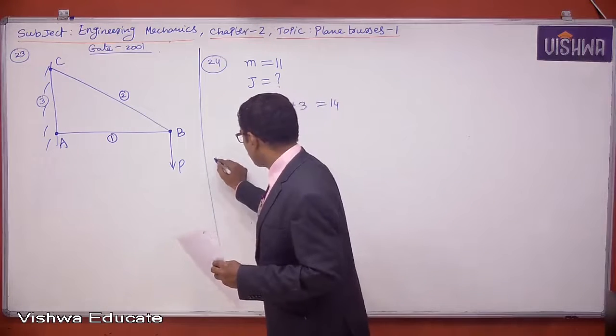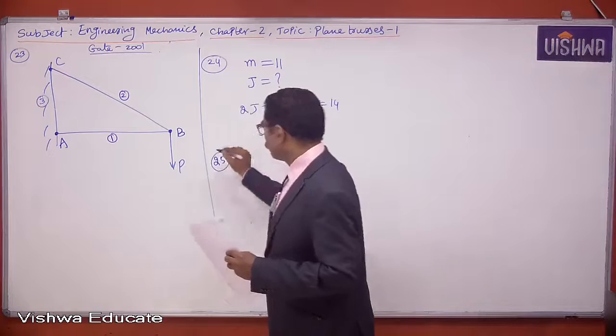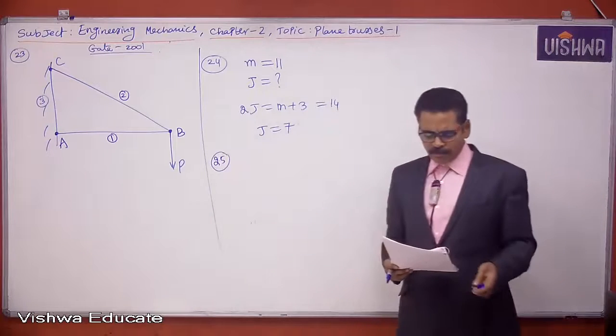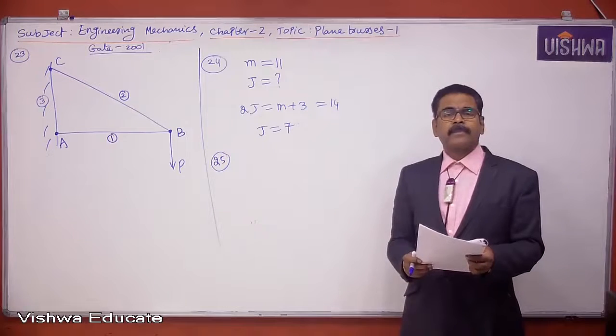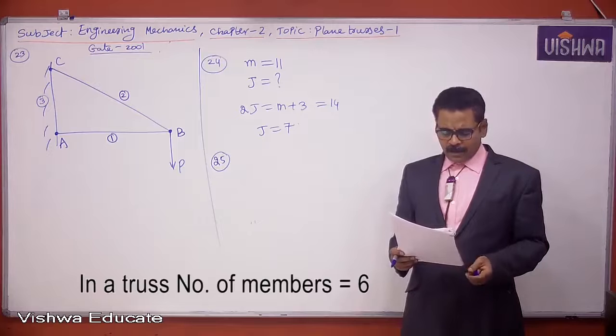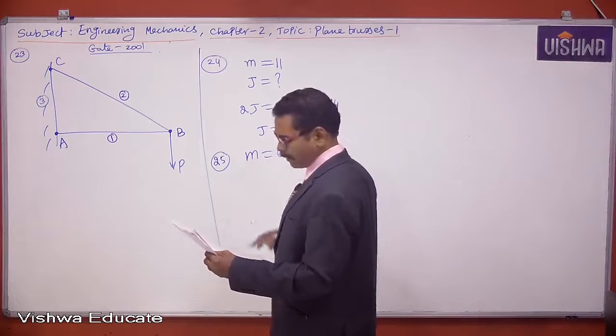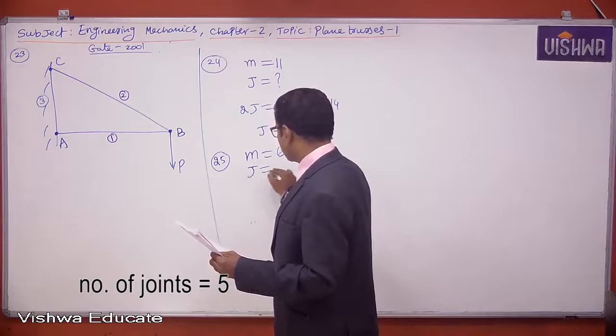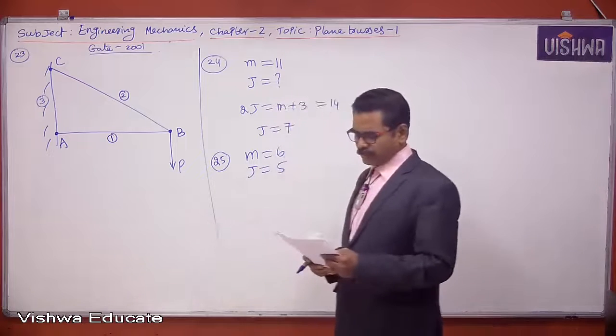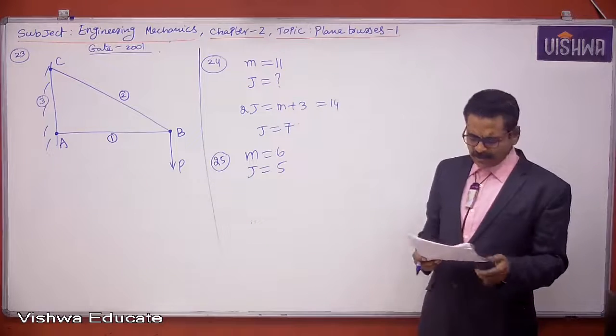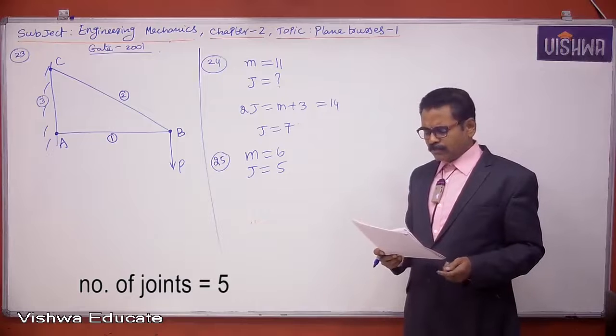Then let us do another numerical, the 25th numerical. In a truss, the number of members is equal to 6, and the number of joints is equal to 5.